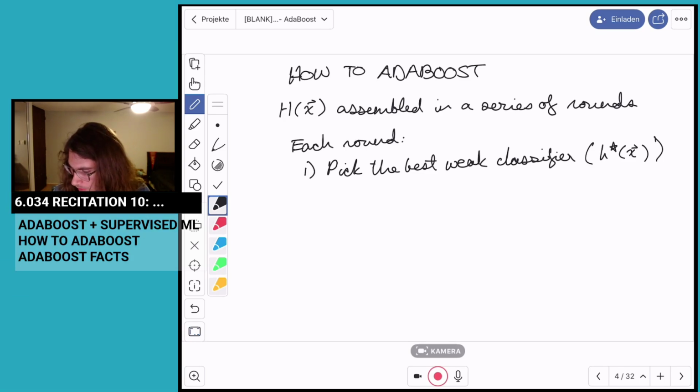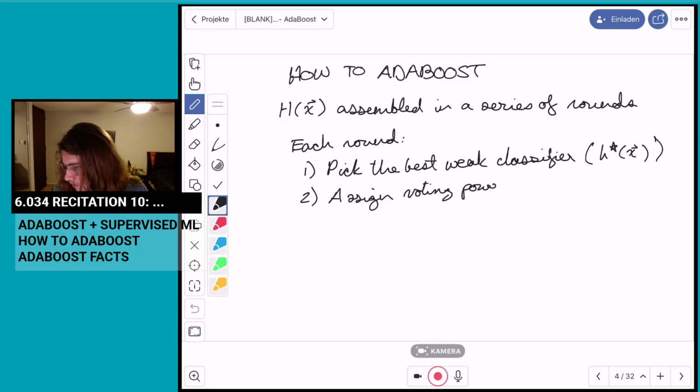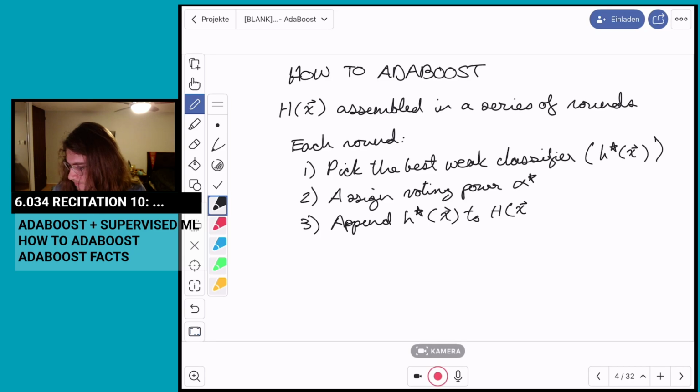And we're going to assign it a voting power, let's say that's alpha star. And then finally, we're going to append h star of x to h of x. Seems simple enough.